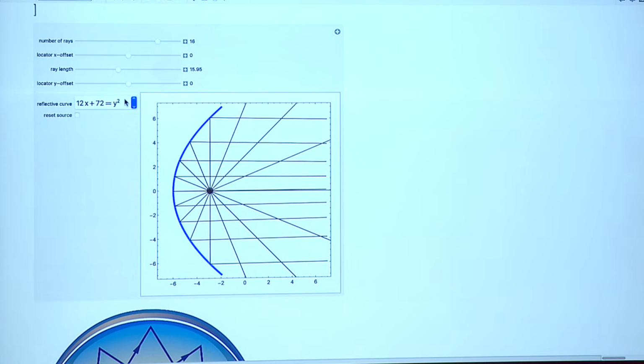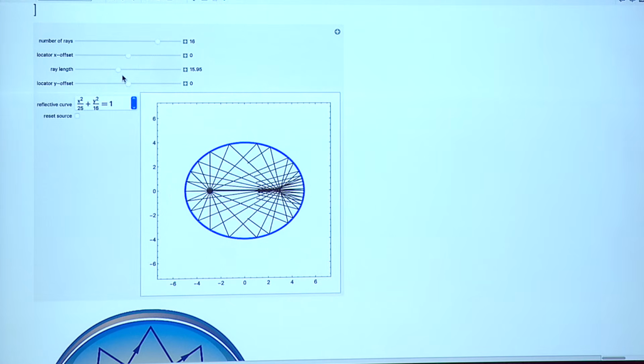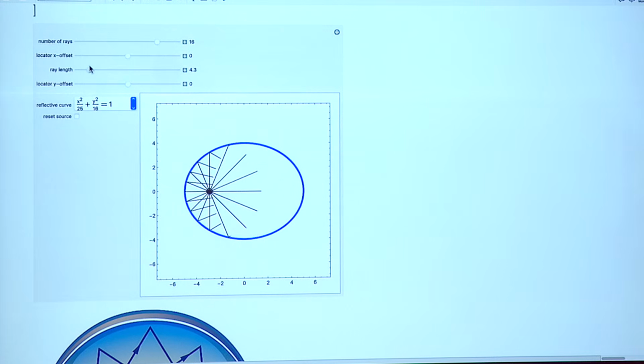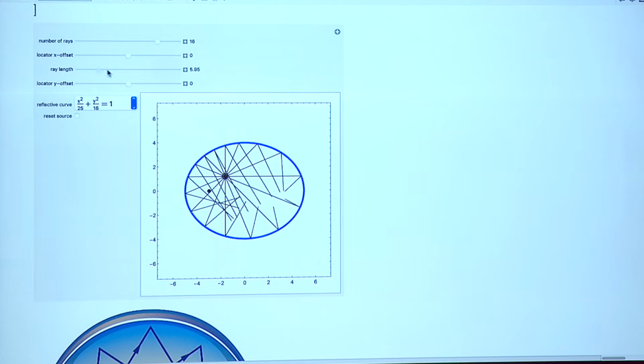Now, what happens for the ellipses is also very neat. We can play the same game with ellipses. If I take a point anywhere, you see I have a reflection everywhere, and it's quite scattered. This is what happens when you play billiards inside an elliptical table, right?